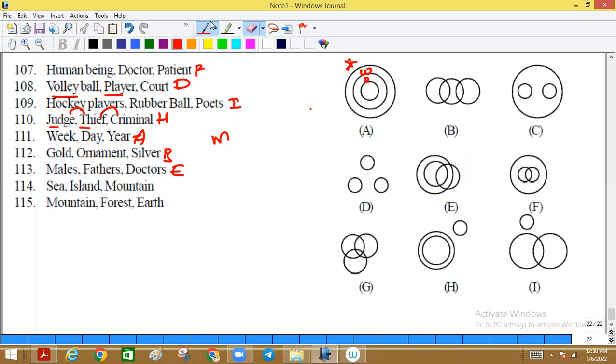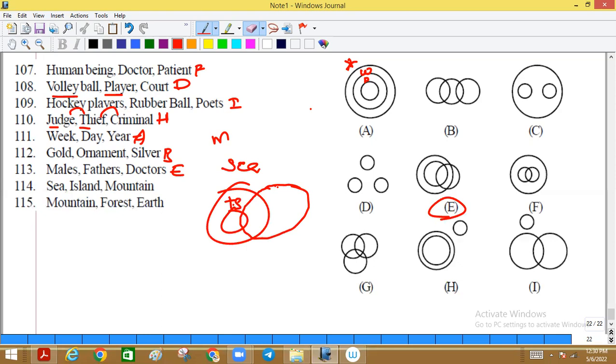Maybe E. If E is your answer, let's see here. You are saying that in the sea you are having an island. And some mountains are on the earth, outside the sea, some mountains are in the sea, and some mountains are on the island. That's what you are saying. Yes or no? The logical question is, is there a mountain in the sea?